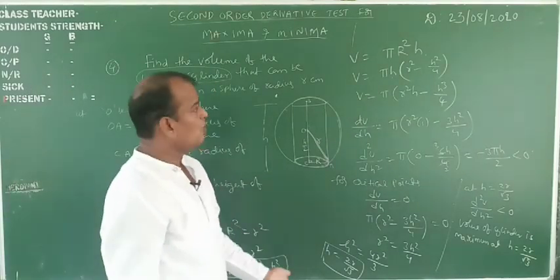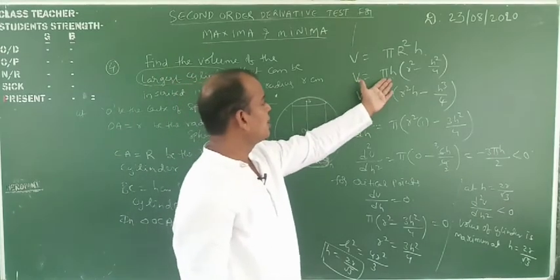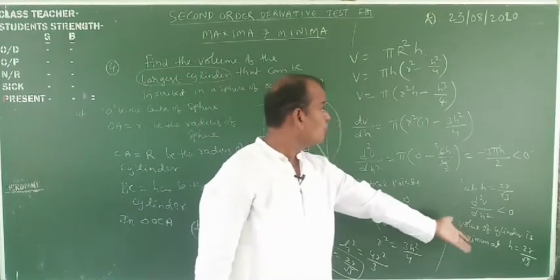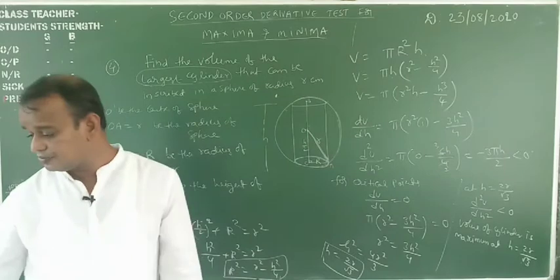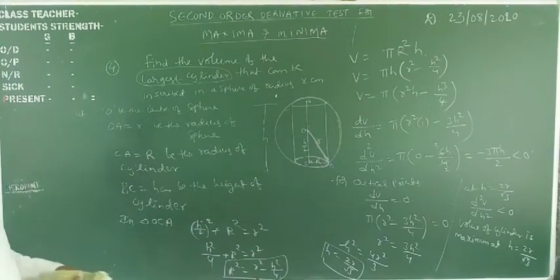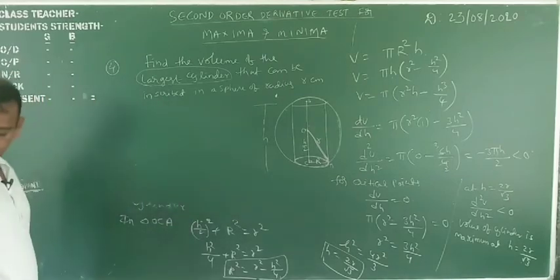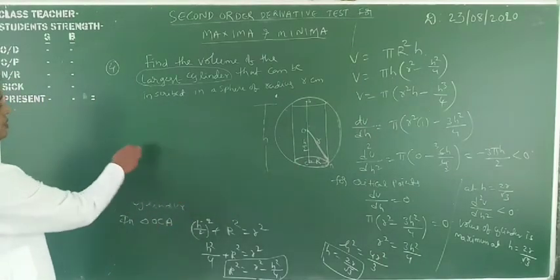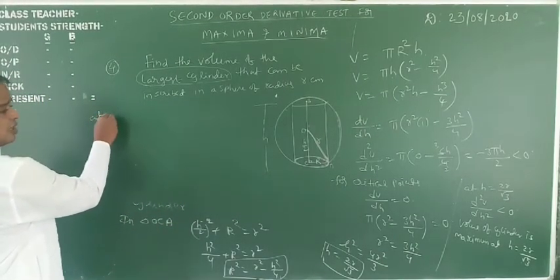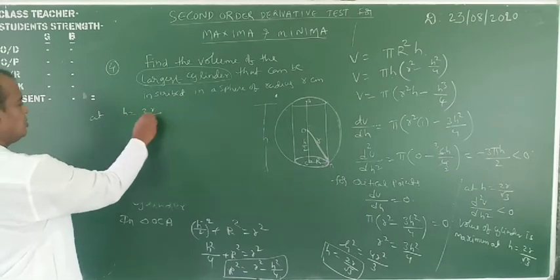You find the volume. This is the formula: pi h into (R² minus h²/4). Substitute, at h equal to 2R by root 3.